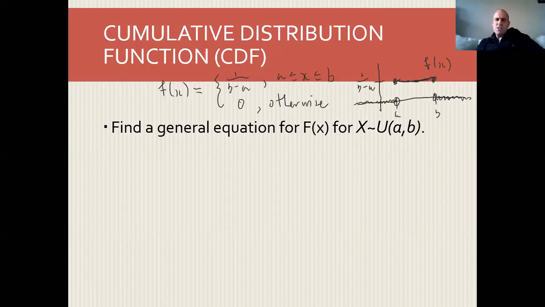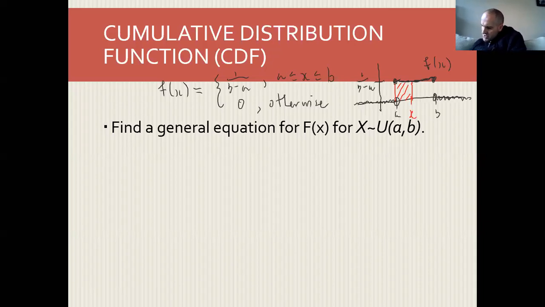Now, what about the cumulative distribution function? For that, what we did is we selected an x value that happened to be in here somewhere, and we noticed that the probability that would accumulate up to that, there would be nothing before A, but I would accumulate this probability right here. And incidentally, if x was beyond b, I would have accumulated all of the probability, and I would end up with 1 for x beyond b.